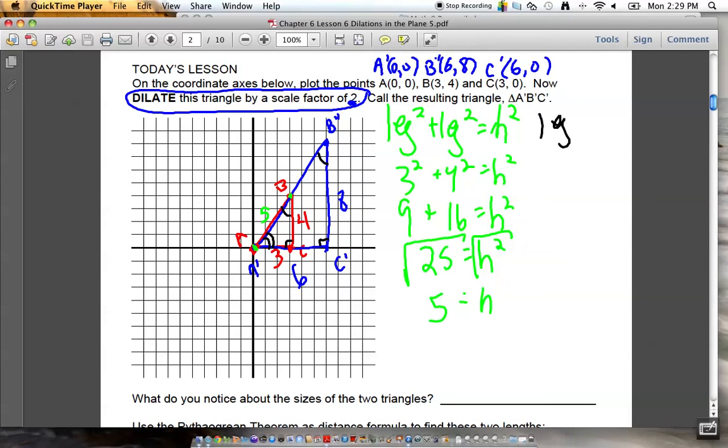Once again, leg squared plus leg squared is hypotenuse squared. What's the first blue leg? 6. 6 squared, plus, what's the second blue leg? 8 squared equals H squared. Go ahead, figure it out.